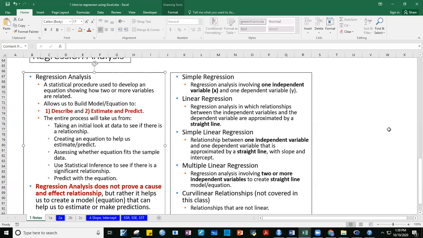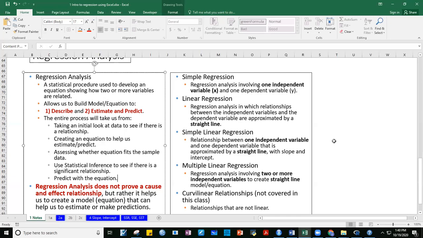If the relationship is approximately linear, then we use linear regression. If the relationship is curvilinear, polynomial, or not linear, then we will be mistaken if we use linear regression. We will have to use other forms of regression, like curvilinear regression, if the relationship between the variables is nonlinear.